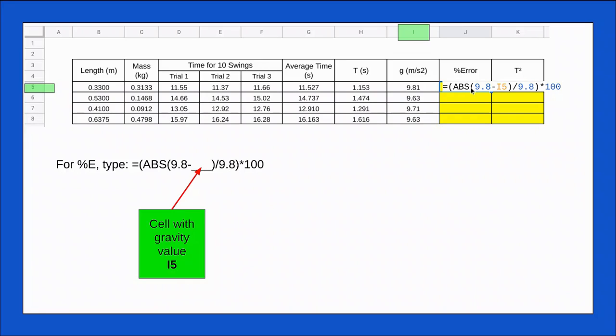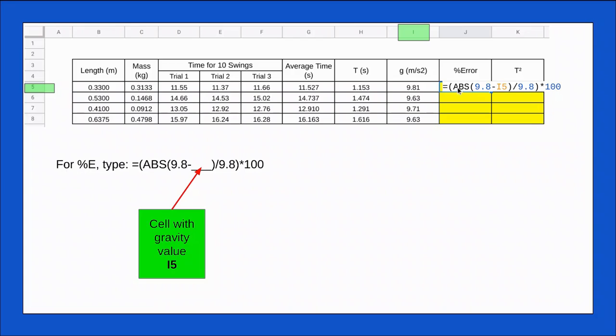The formula for the percent error is, in this case, the standard value of gravity, which is 9.8, minus whatever you calculated as your experimental. So 9.8 minus, I click this cell, which in this spreadsheet is I5, close parentheses, divided by the standard value, again, which is 9.8, close parentheses one more time.